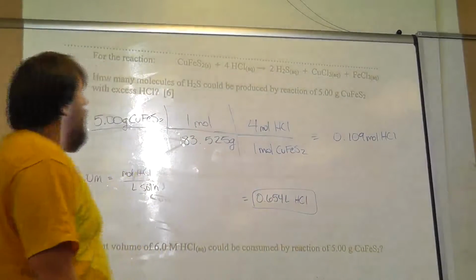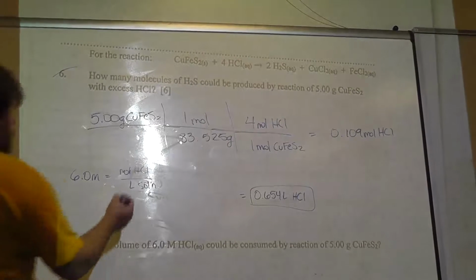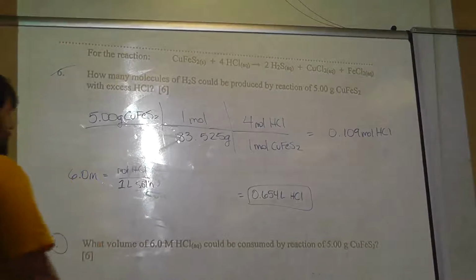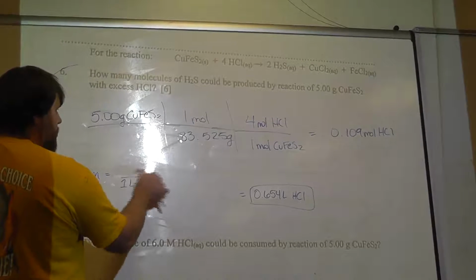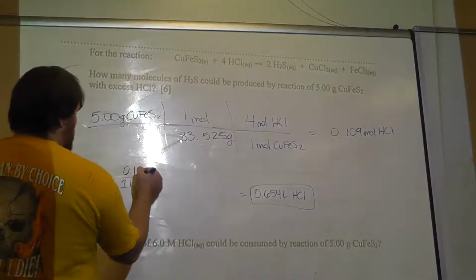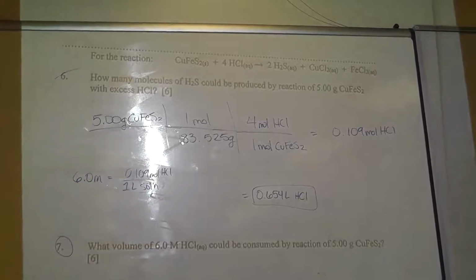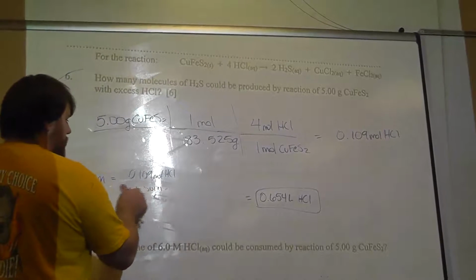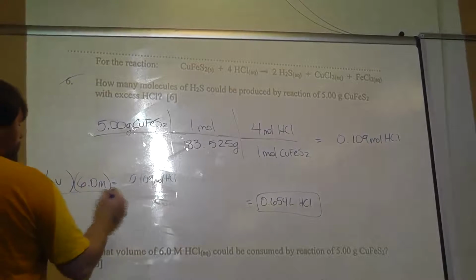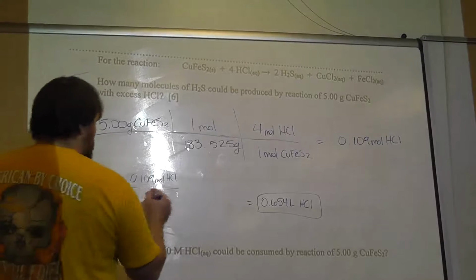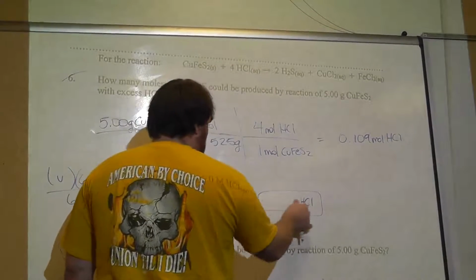You forgot to do it at the very end. Oh, I didn't cross multiply. There's 1 liter of solution for every 6 moles of HCl. I didn't cross multiply. That's what I didn't do. That should go in there. So it should be your moles divided by your volume on this one. So, didn't get that answer.